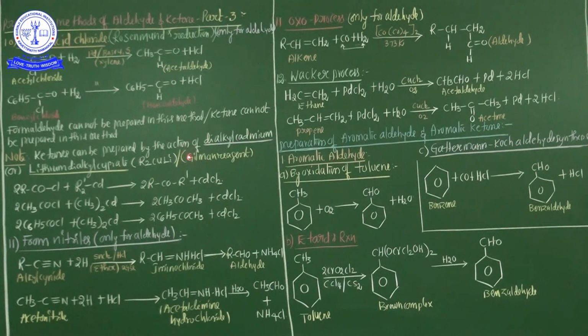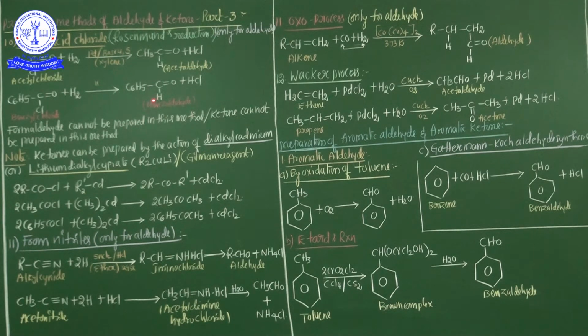In this equation, one important note is there: the catalyst is poisoned to a small extent by the addition of sulfur or quinoline to prevent further reduction of aldehyde to alcohol. So the catalyst is slightly poisoned. That's why this process is very important whenever you prepare aldehydes in the laboratory.